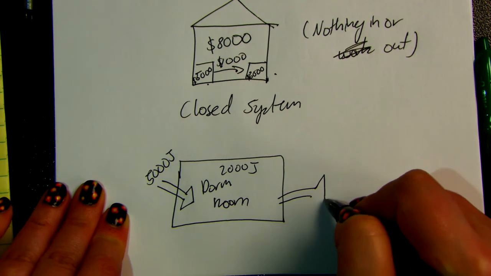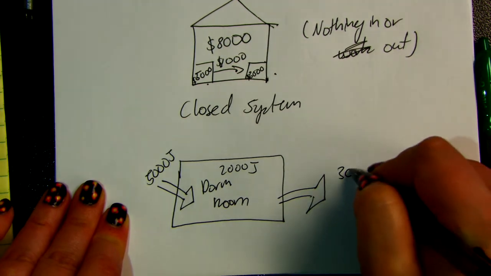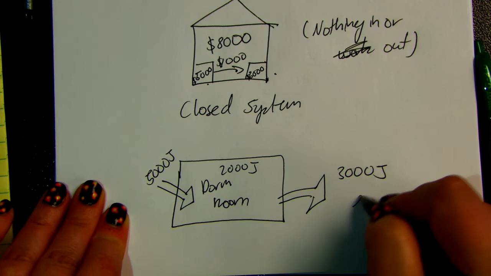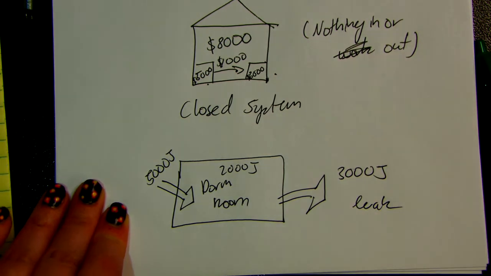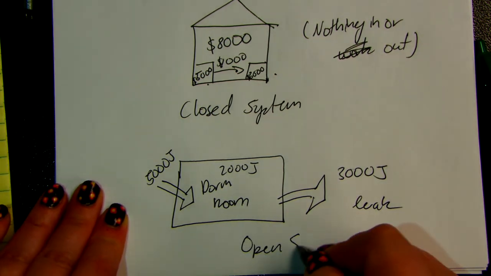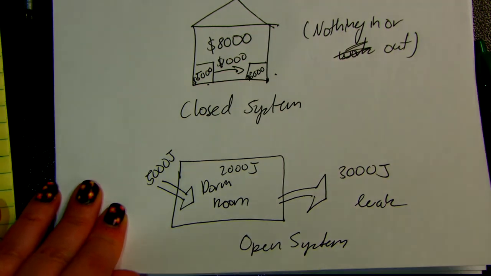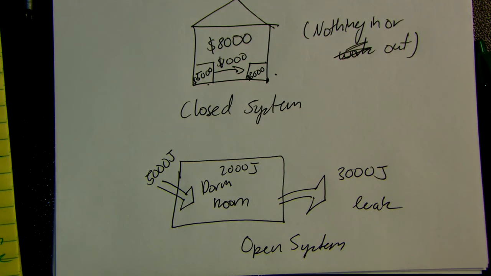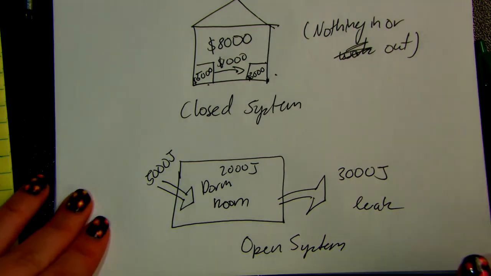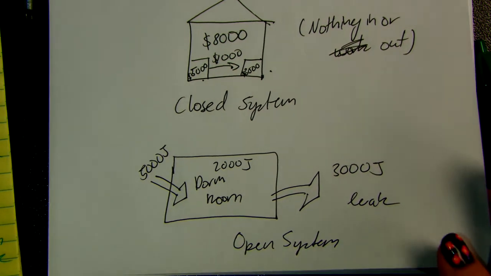And then you're losing heat as well. So you've got some leak there. So this is another open system. So it is allowed to exchange energy with its surroundings. Now, if it was completely insulated, then it would be a closed system. So no heat can go in, no heat can go out, which has other consequences.